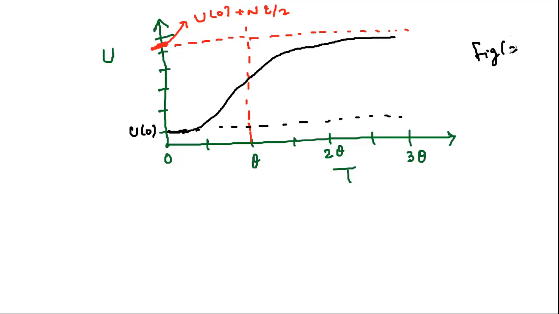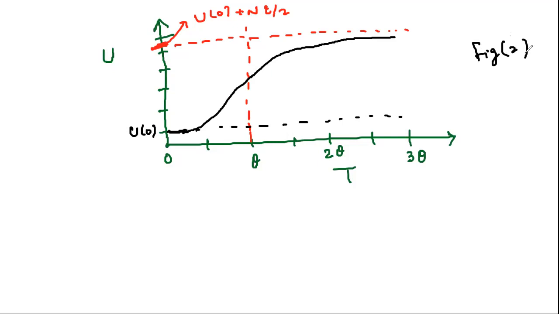So this figure gives me the variation of internal energy with temperature for this assembly. U of 0 is the zero-point energy.